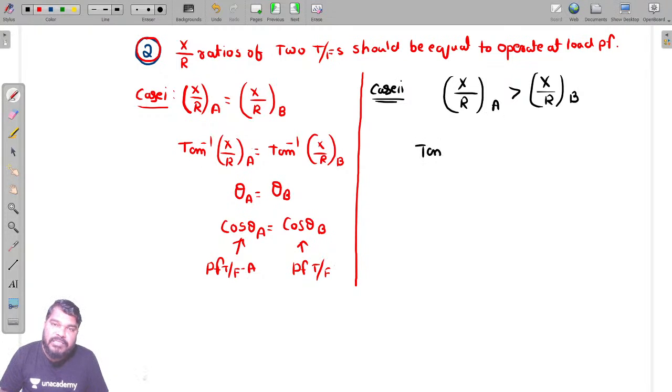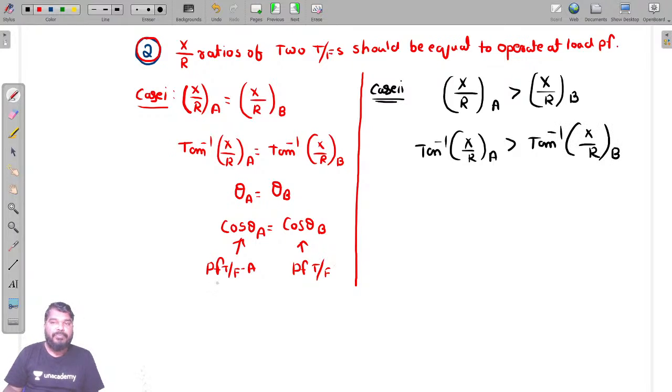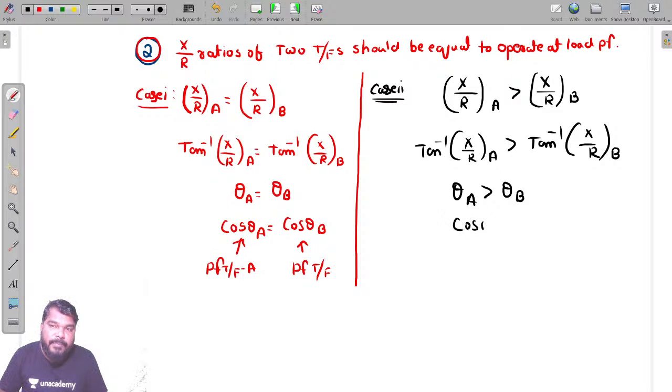So tan inverse of X by R of transformer A is greater than tan inverse of X by R of transformer B. This means theta A is greater than theta B. When theta A is greater than theta B, cos theta A is less than cos theta B.